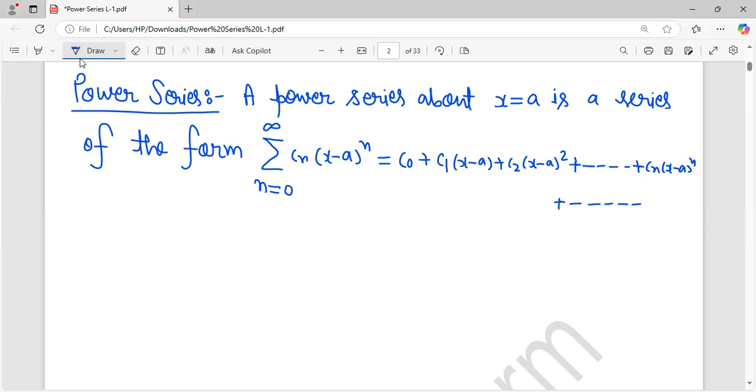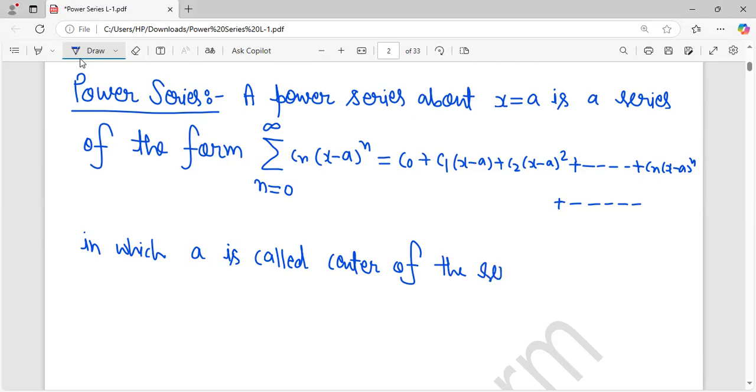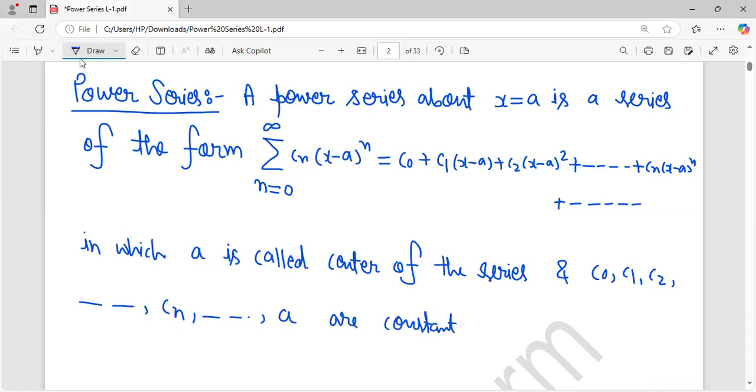It is of this form wherein a is called the center of this series, and C naught, C1, C2, Cn and so on are constants.